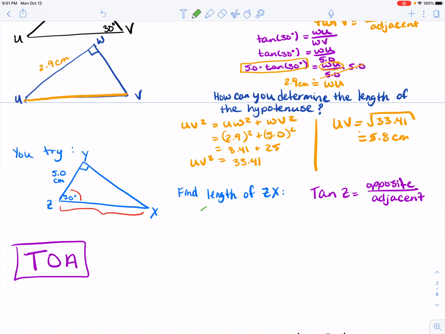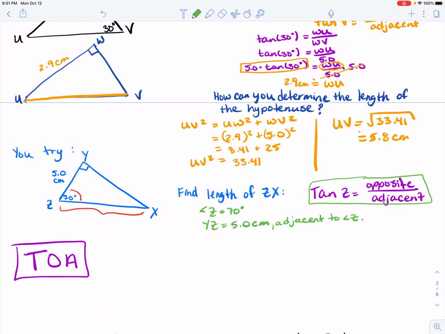Now, again, we know that angle Z equals 70 degrees, and we know that YZ equals 5 centimeters, and it is adjacent to angle Z. We also know from TOA, our acronym, tangent is opposite divided by adjacent.